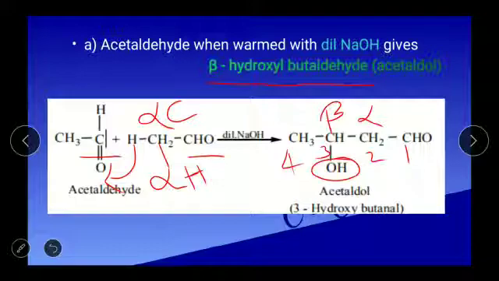So CHO is first, CH2 second, CH third, CH3 fourth. On the third carbon, the OH is attached. So it is 3-hydroxybutanal. This is the IUPAC name.